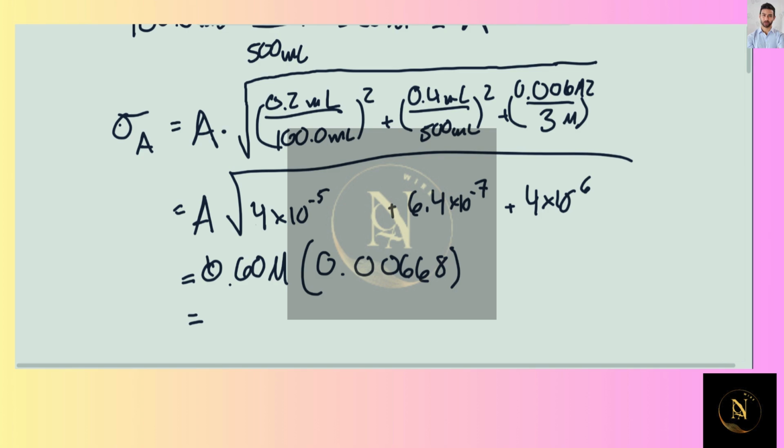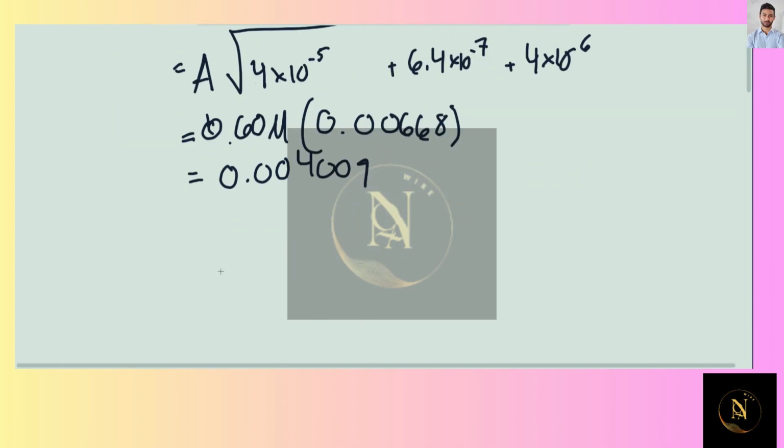And so I get as my answer 0.004009. So the final answer with the uncertainty should be 0.60 molar plus or minus 0.004 molar.